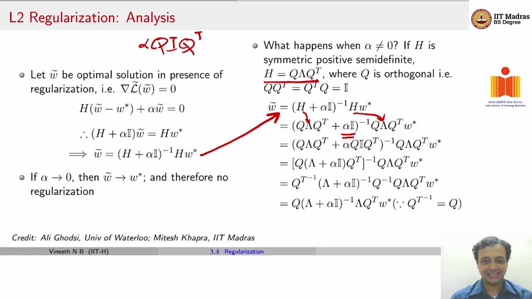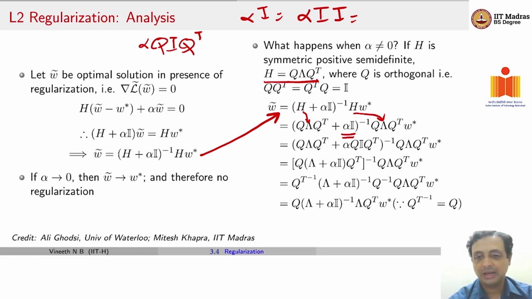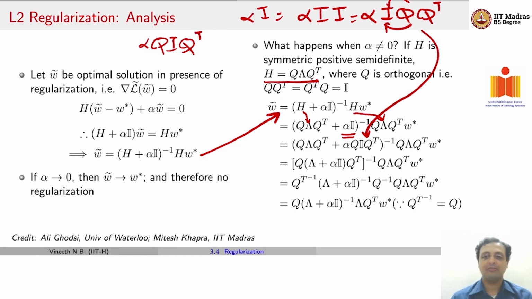It's the same thing because Q Q transpose is equal to I. So for example, this I can also be written as Q Q transpose, two identity matrices, it doesn't matter. Then I can write this as Q I Q transpose, and I can change it that way and I'll get what I have here.